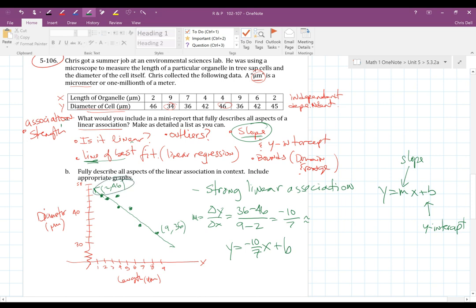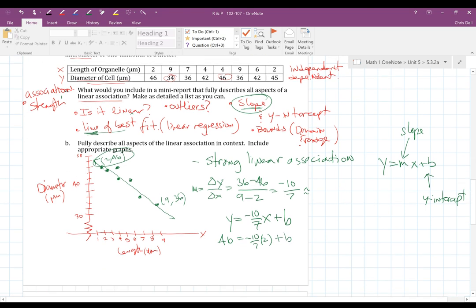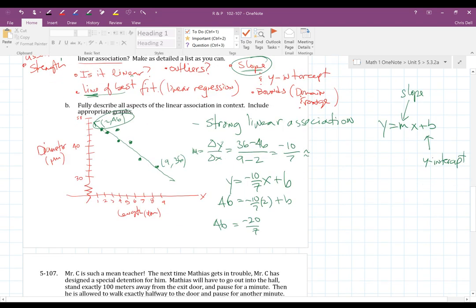I'll use the first point: 46 for y, and negative 10 sevenths times 2 for x, then solve for b. Negative 20 sevenths is equal to 46 plus b, so I add 20 sevenths to both sides.